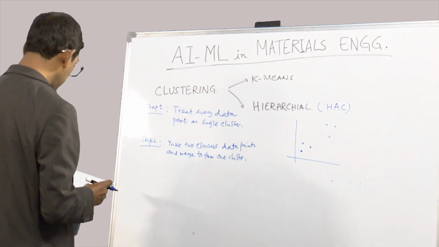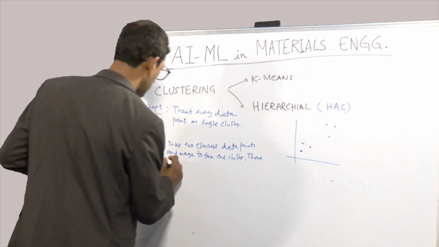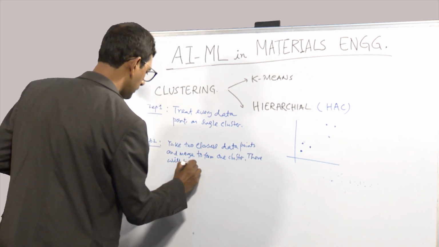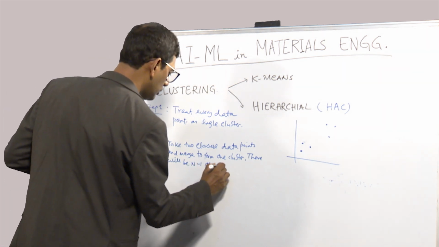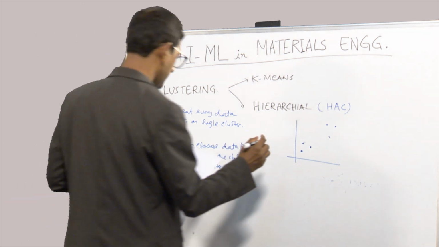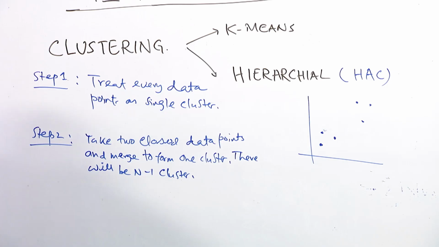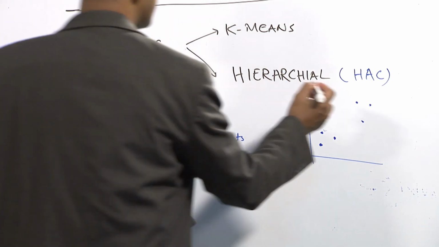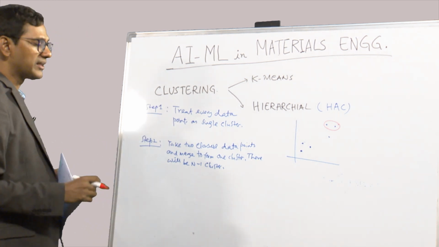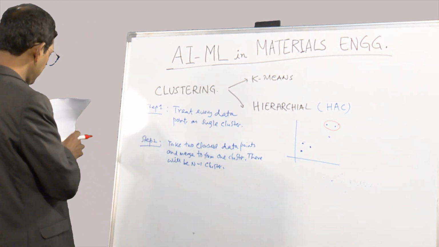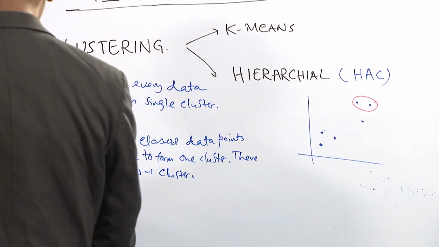So, there will now be n minus 1 clusters, because you have taken 2 together. Let me explain that. Let us take these 2. Okay, let me use a different color, red is better. Let us take these 2. These 2 are the closest data points, so merge them into one cluster. That is step 2.